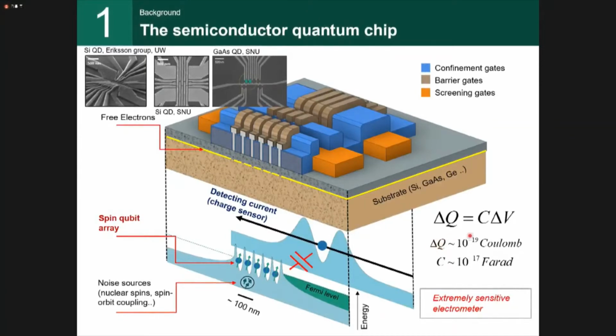It is only one charge difference, but the point here is that the capacitance in nano devices is also very small, and if you divide these two numbers, you still get a non-negligible voltage effect that affects the flowing current nearby the quantum dot.